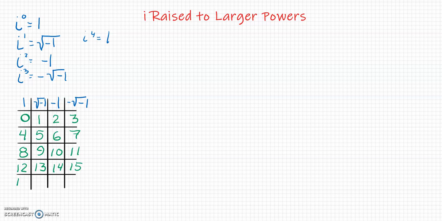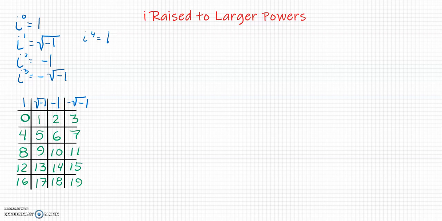Last row, i to the 16th would equal 1, according to this sequence. i to the 17th would equal square root -1. i to the 18th, -1. And i to the 19th would equal negative square root -1. So we have this little table to get us something to start with, to build upon.